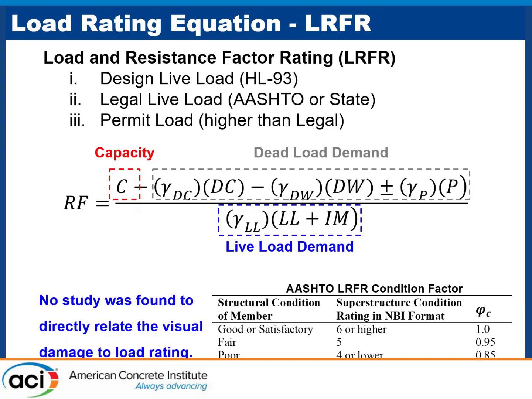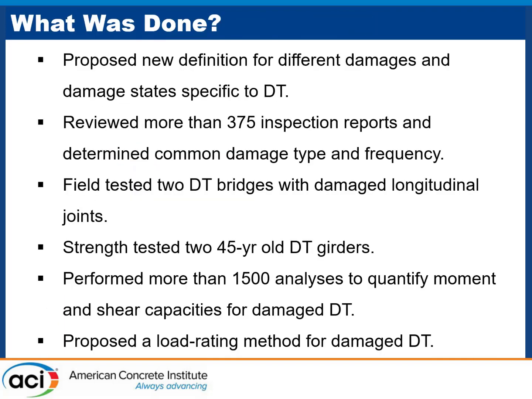So we wanted to see how we can tweak these numbers and be able to load rate old and damaged bridges. Quickly, what we did: we had to change the AASHTO definition of damaged state and make it more specific to double T and girders. Then we reviewed 375 inspection reports. We had a frequency of how many damages we have in our state.